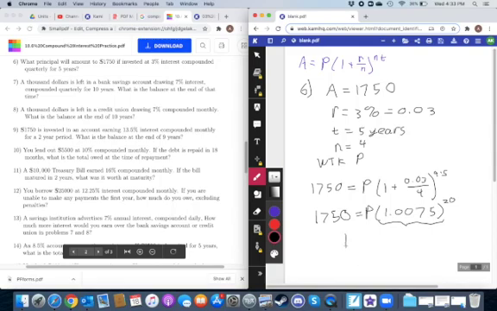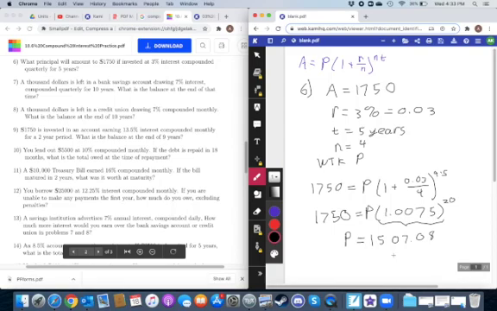And we get a principal of 1507 and 8 cents. Now, this seems reasonable because it is lower than what our final amount is, and we're obviously increasing in size. So this is one of the things that can work.